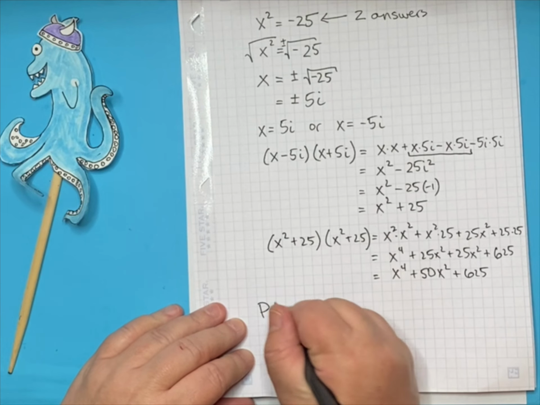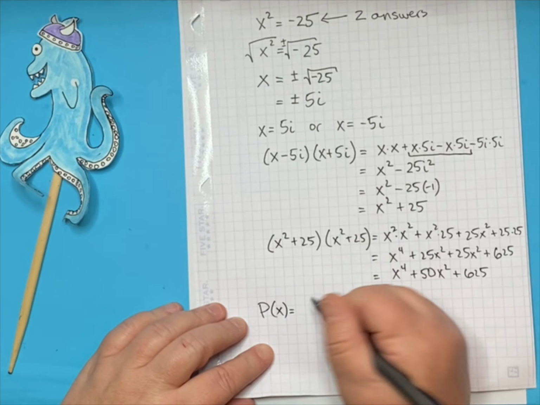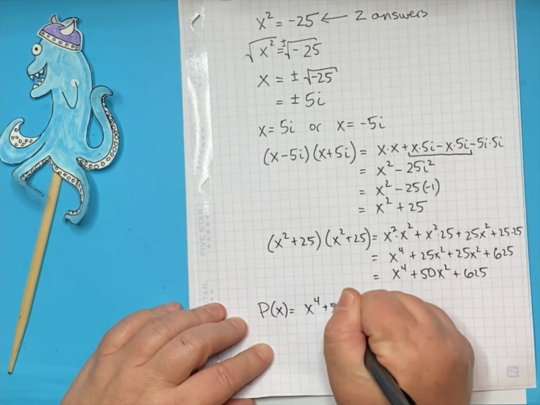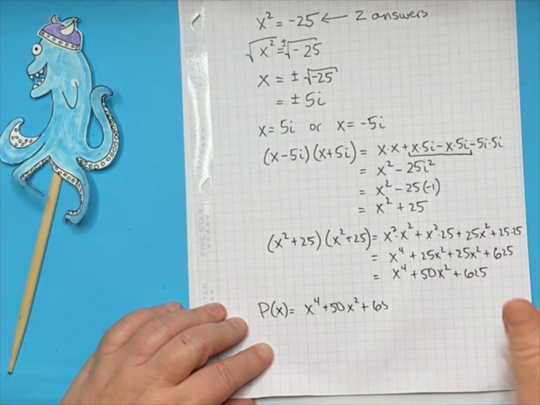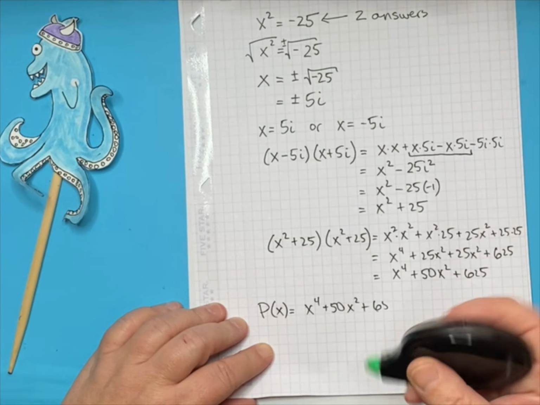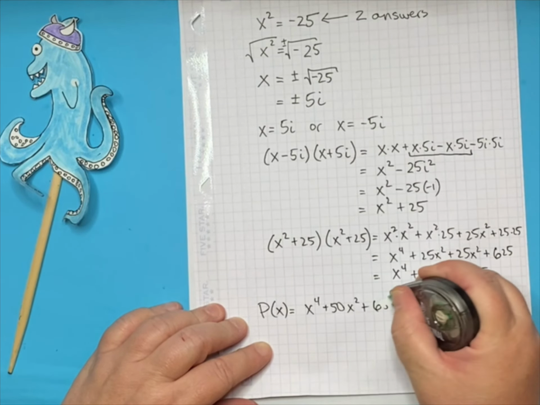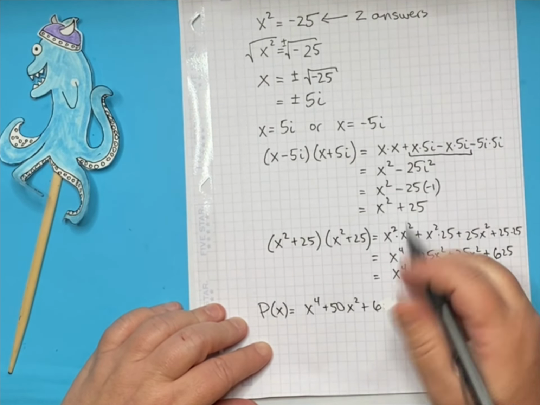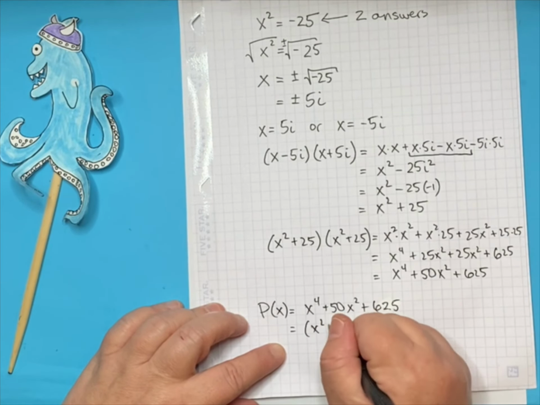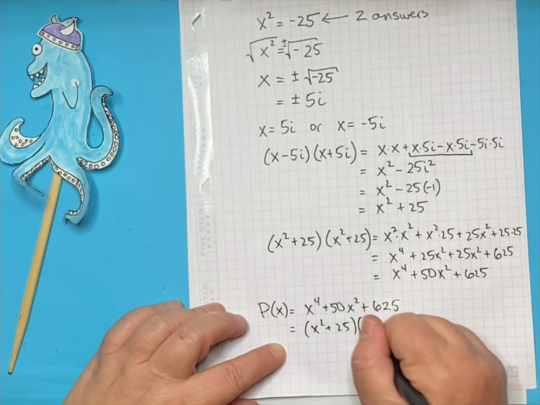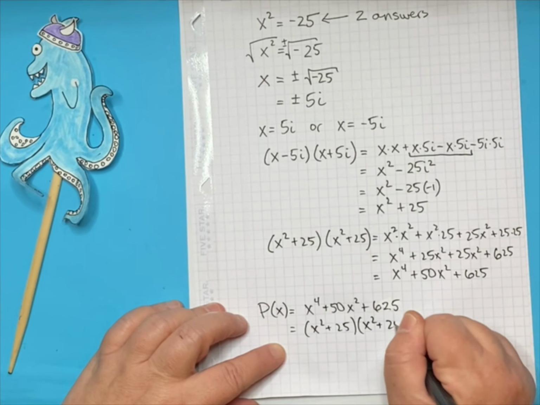So the polynomial in question, x to the 4th plus 50x squared plus 625. Oops. My hand wanted to get through the problem faster. 625. It factors as x squared plus 25 times x squared plus 25.